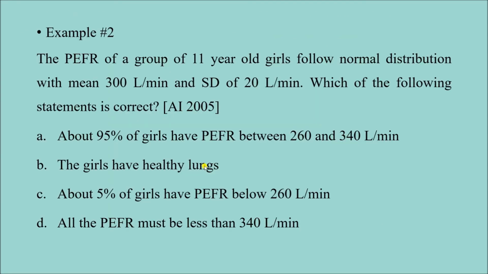So that is why you can say the first option, about 95% of girls have PEFR between 260 and 340 liter per minute, is the correct answer. Because 260 and 340 basically represent the +2 and -2 Z values, that means 2 Z values on either side of the mean value. So that is why this is the right answer.